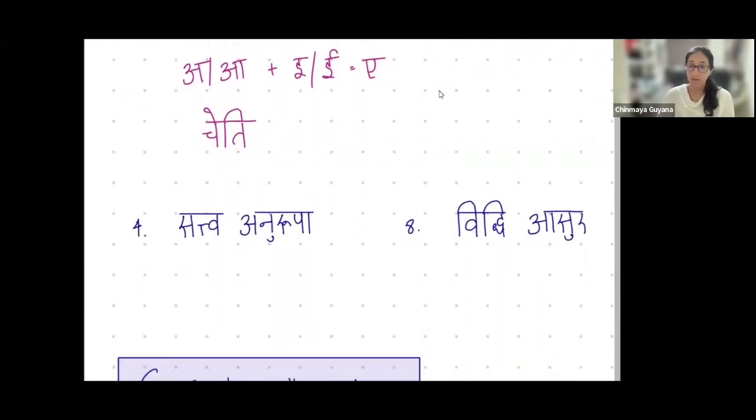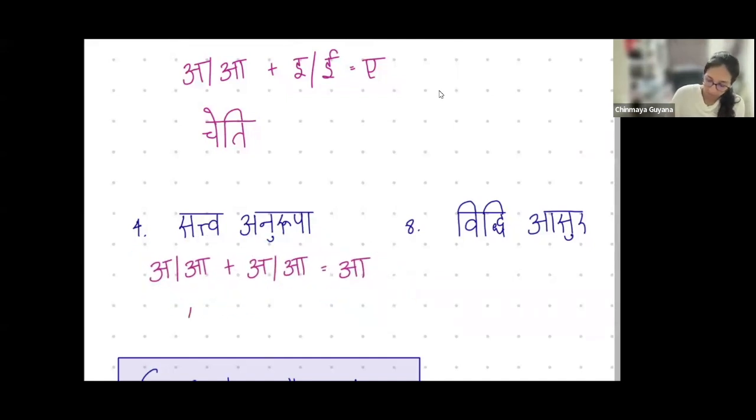Sattva anurupa. A or A plus a or A equals A. That's just a simple Sattva nurupa.